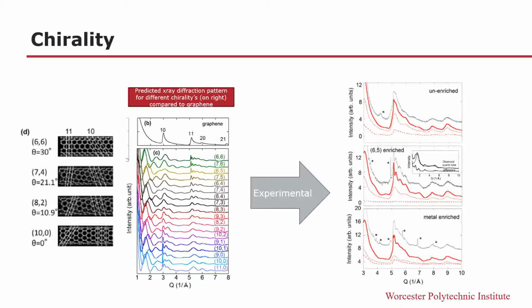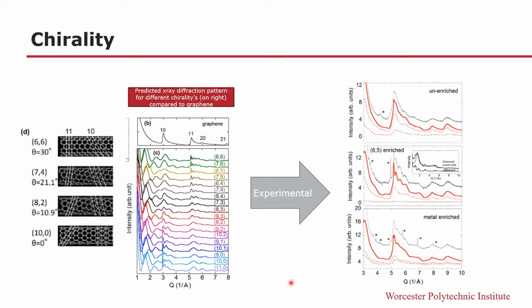Theoretical calculations for the diffraction of carbon nanotubes with different chiralities were determined, and it was found that there should be certain peaks specific to some chiralities. For example, for armchair chiralities, we would expect sharp peaks between a Q value of 5 and 6, whereas for zigzag chiralities, we would expect distinct peaks between 3 and 4.